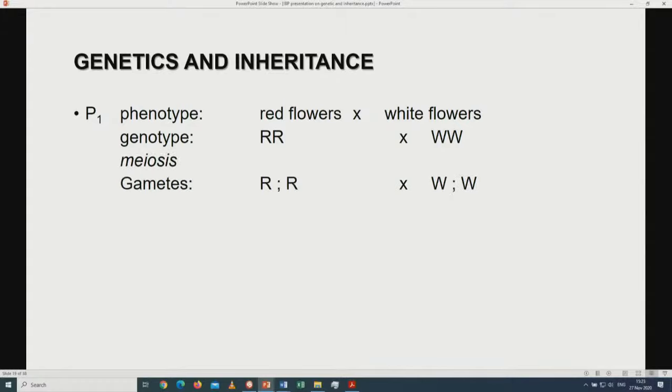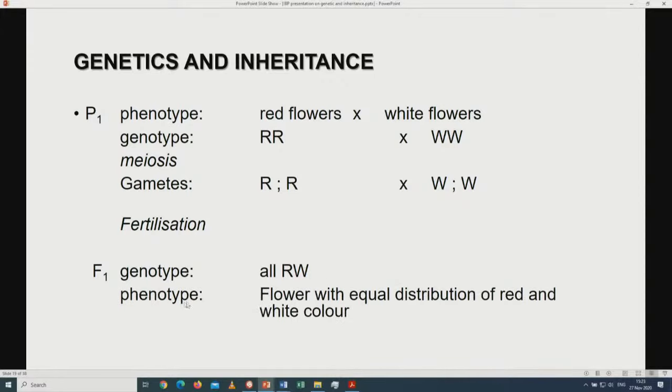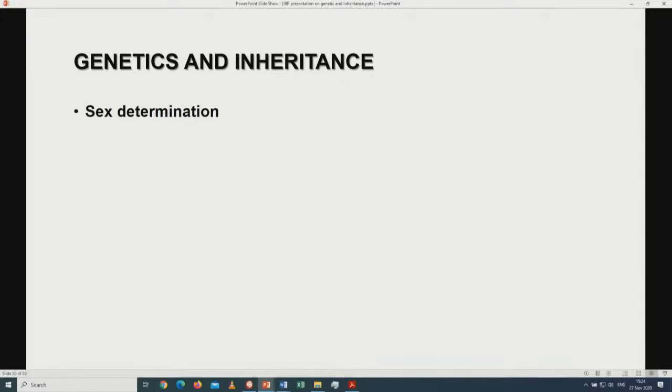Now we use different capital letters to indicate this. Meiosis occurs, gametes are formed, fertilization occurs. The genotype is a combination of the alleles, RW, and the phenotype now is that the flower will have equal distribution of red and white color. We know now this type of dominance is codominance.